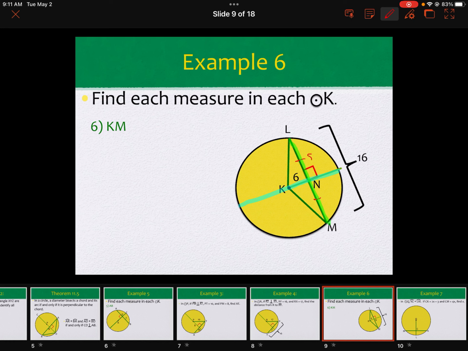So if the whole thing is 16, they're telling you, each of those sections would be 8. Triples again. So your radius would be 10. That's the hypotenuse of that right triangle. K to M is 10.